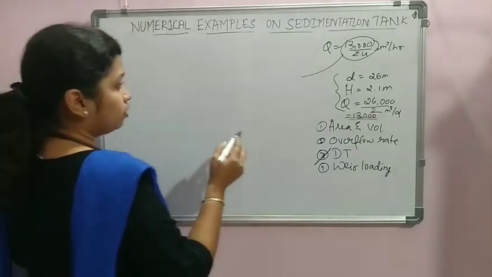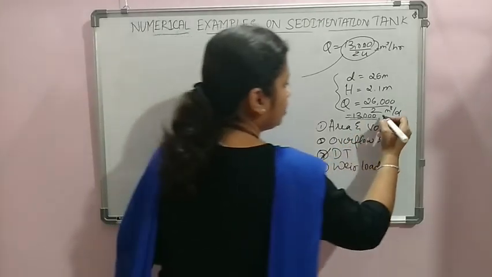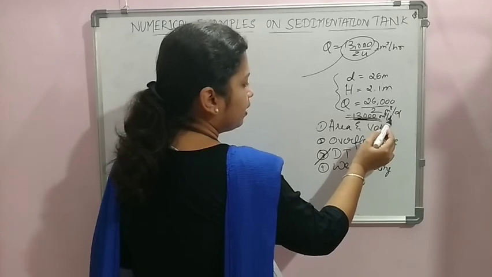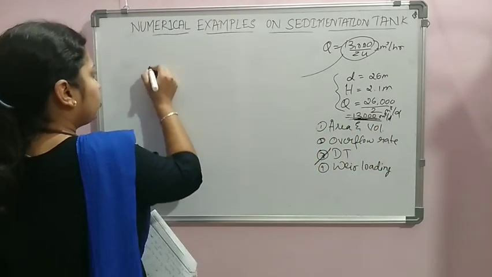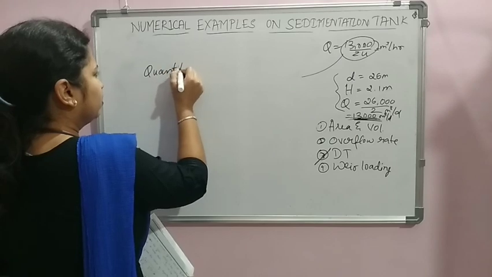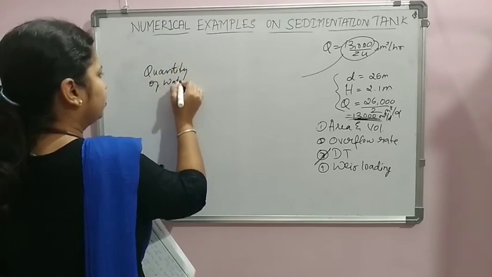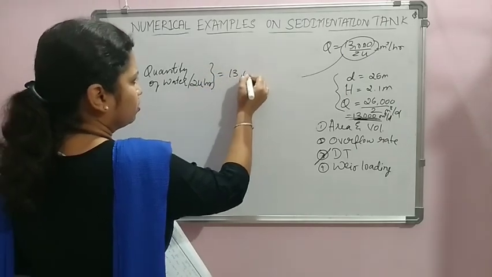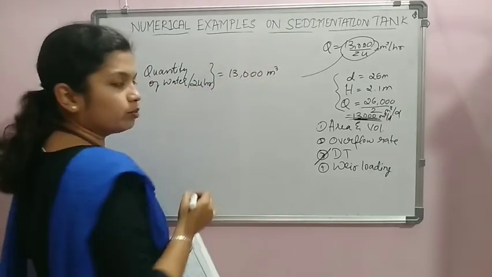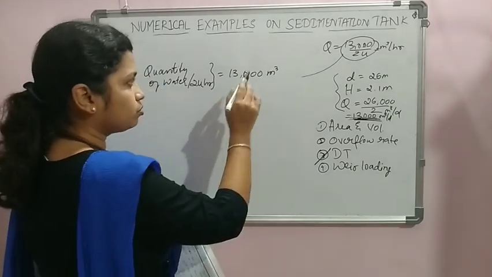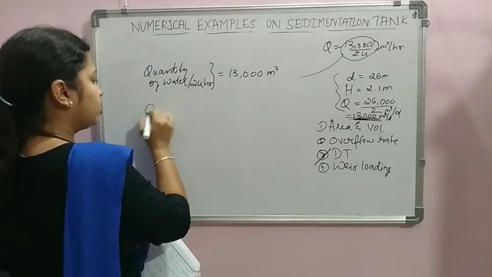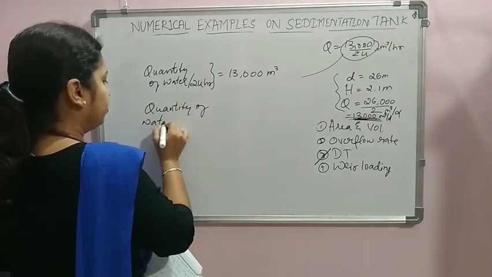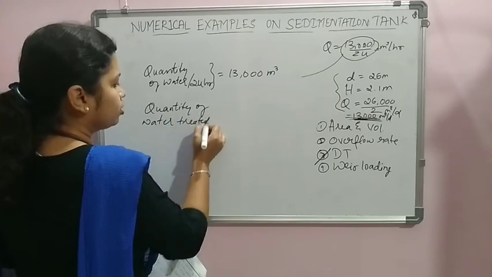Here we can see they have given 13,000 meter cube per day as the water entering per day, which means the quantity of water per 24 hours is 13,000 meter cube. If for 24 hours 13,000 meter cube is there, what is the quantity that can be treated during the detention time?